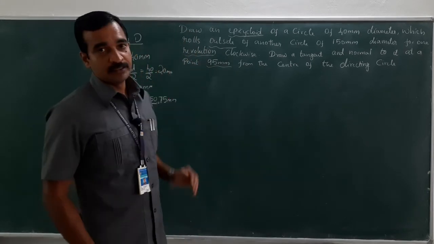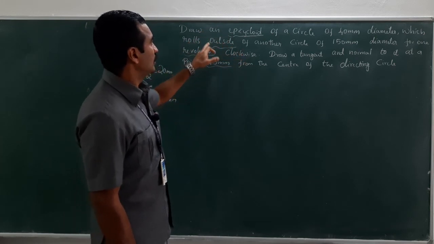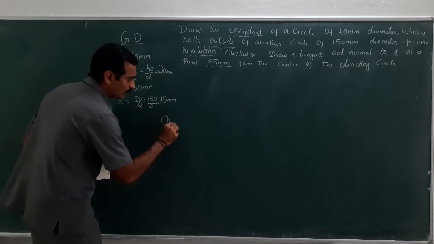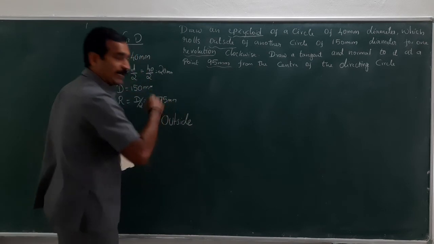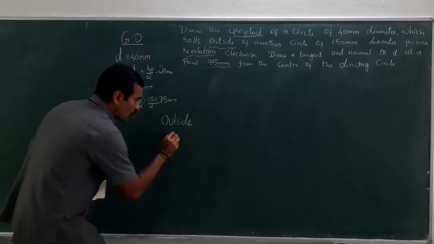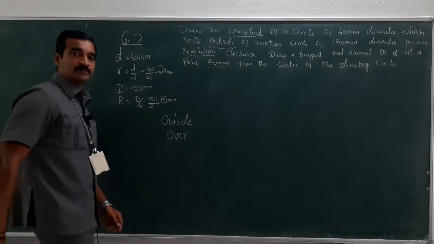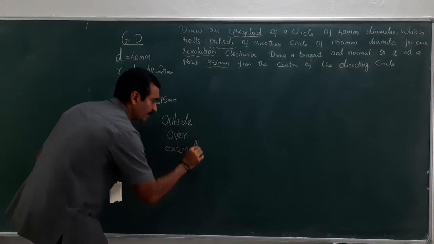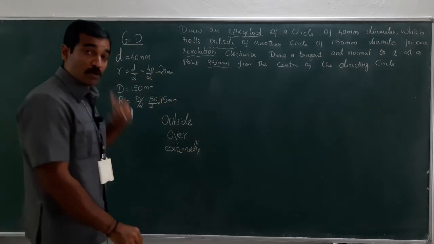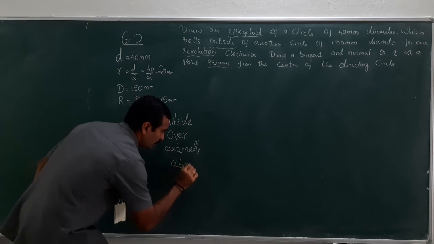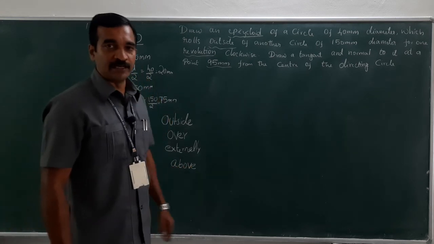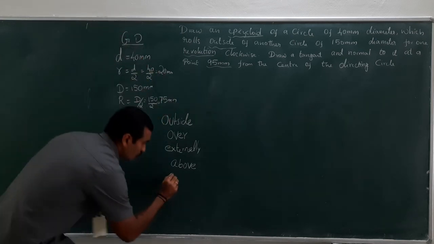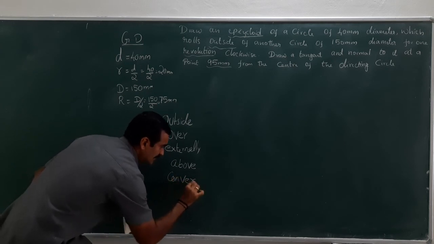So, you have to look at the keywords: outside of another circle, over another circle, external, above another circle, rolls on the convex side.